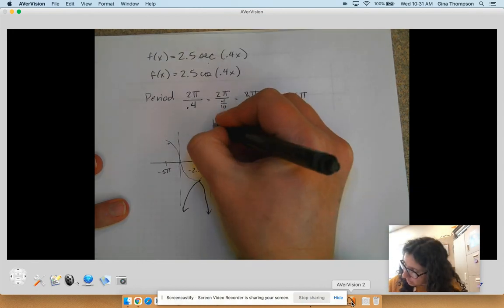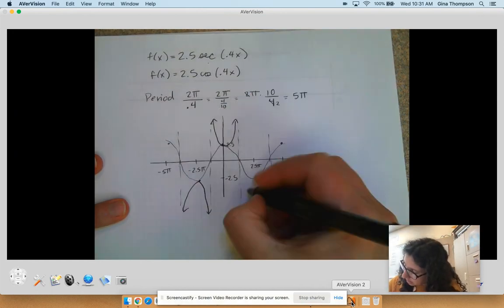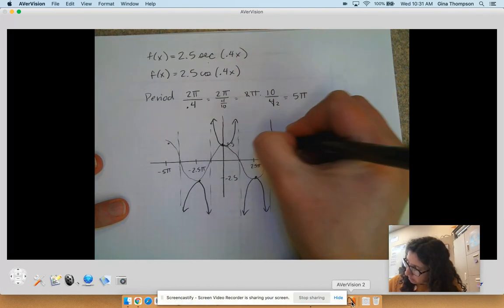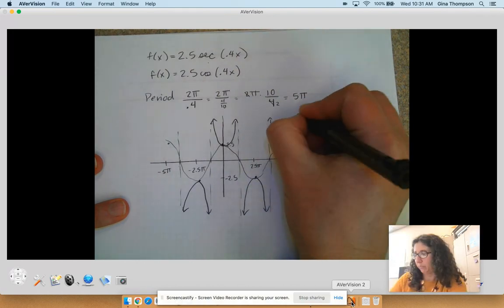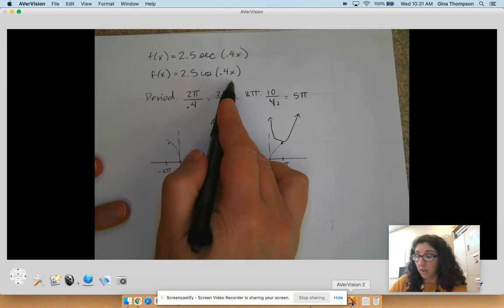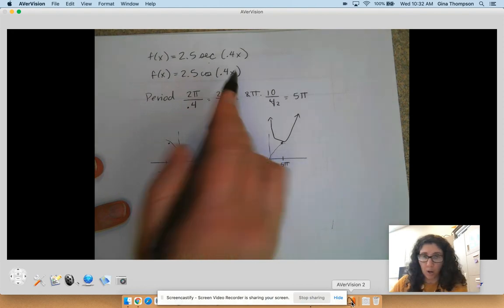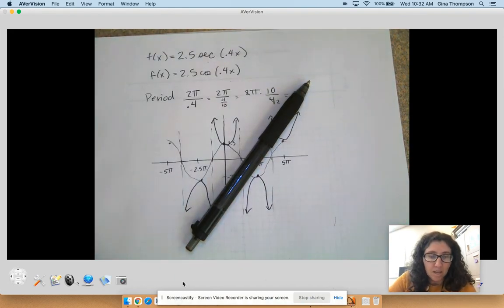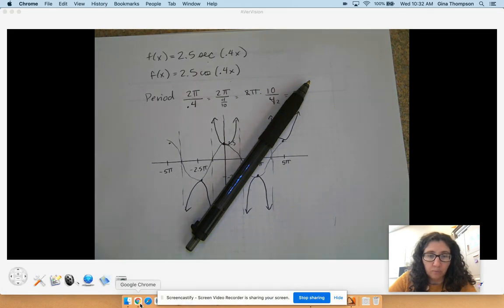Here's a max, so my secant is going to look like that. Here's going to look like that. And it's going to go on forever. Okay, so this is no harder than cosine. If you know how to graph your cosine and sine, you know how to graph secant and cosecant. You're home free.